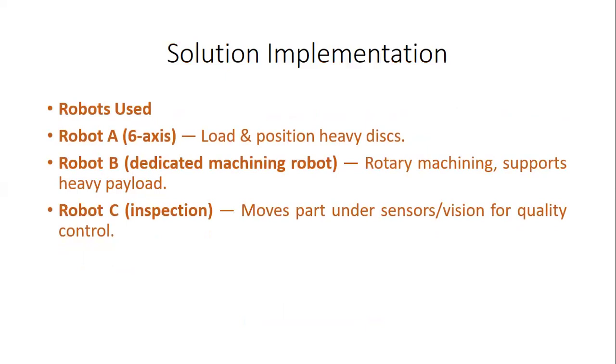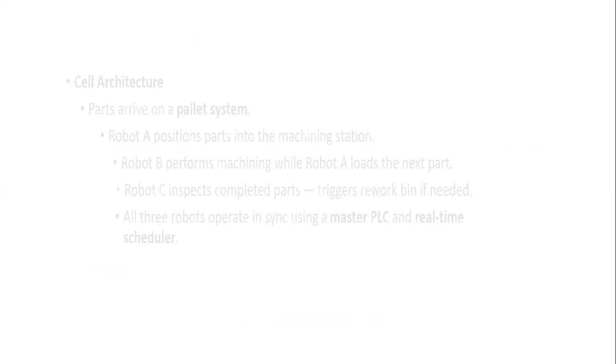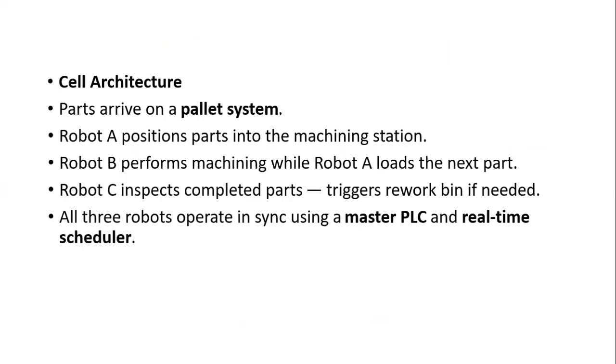So in this problem, there are three parallel robots considered. One for doing the part loading and unloading, another one for the machining operation, and the last one for quality inspection and checking. And regarding the cell architecture, initially the parts will arrive on a pallet system.